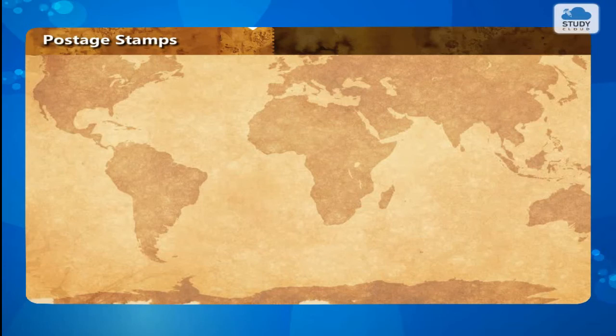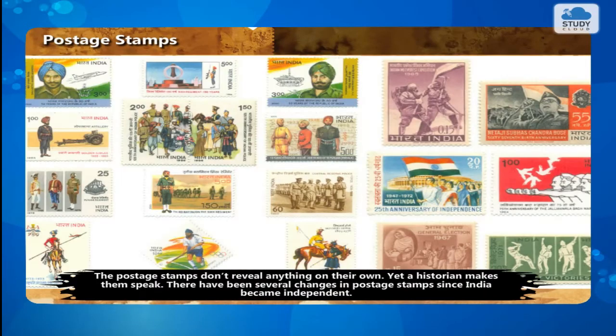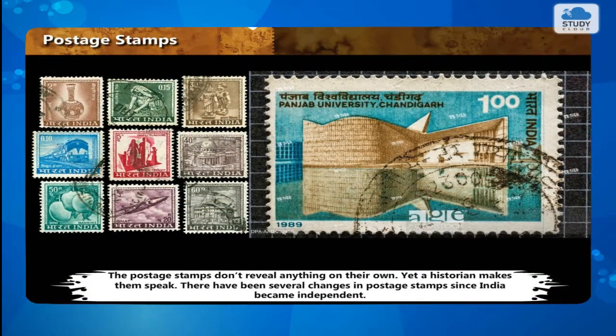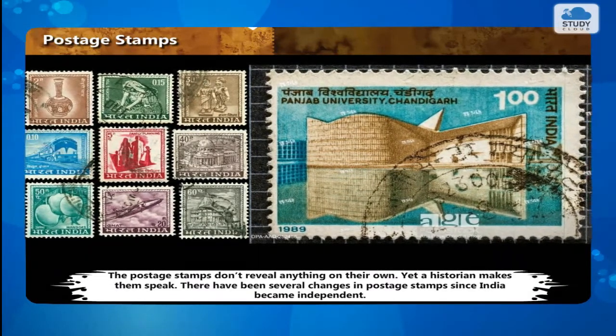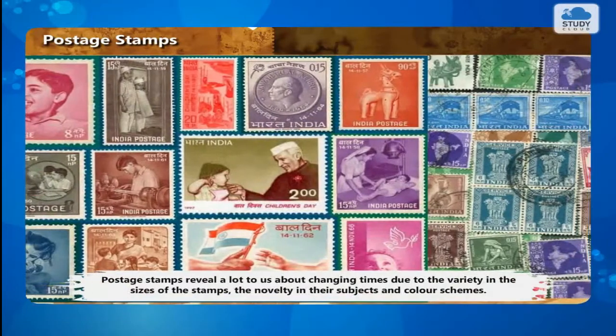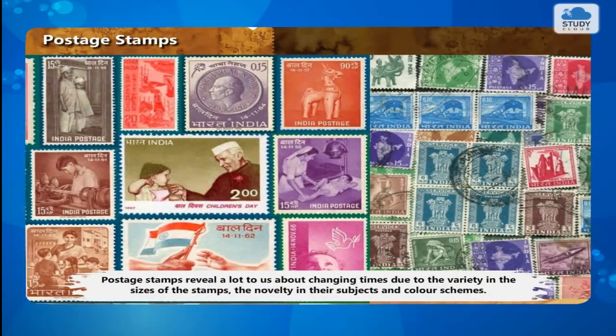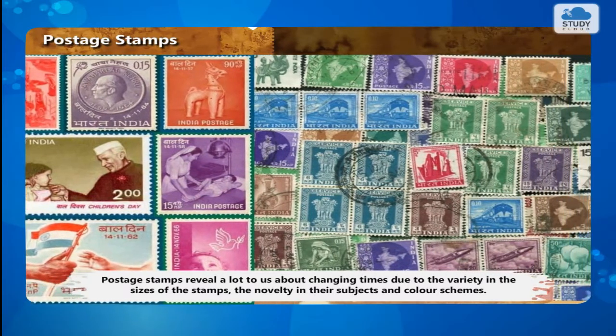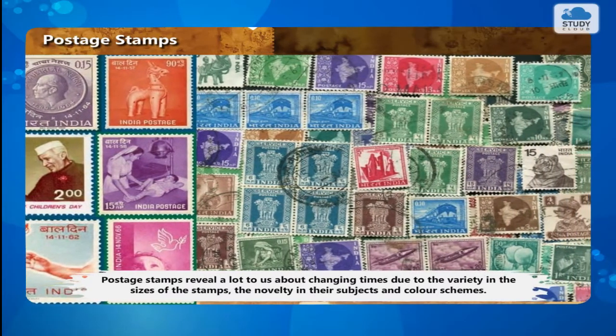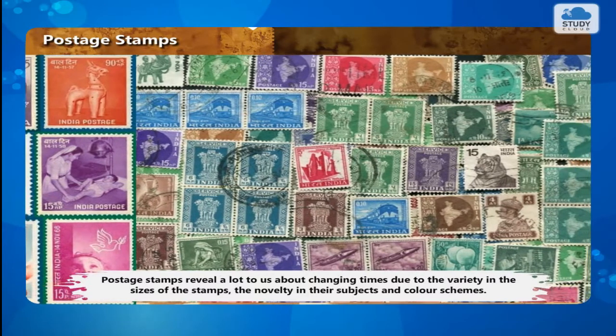Postage stamps. The postage stamps don't reveal anything on their own, yet a historian makes them speak. There have been several changes in the postage stamps since India became independent. Postage stamps reveal a lot to us about changing times due to the variety in the sizes of the stamps, the novelty in their subjects, and color schemes.